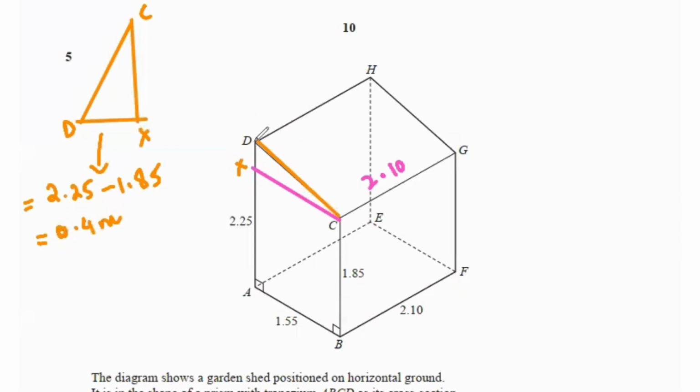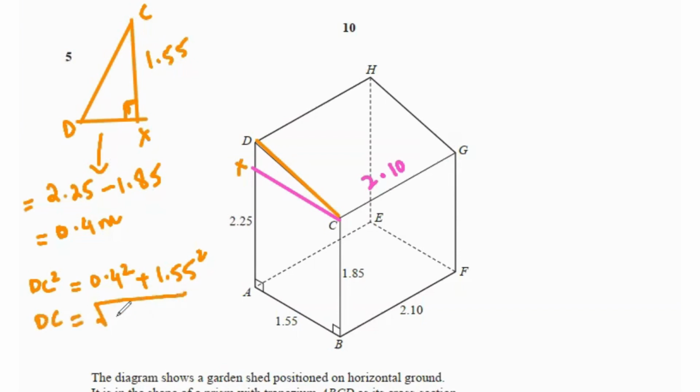So now 0.4 meters is DX. We know what CX is, which is going to be 1.55. So since it's a right angle triangle over here, we can find DC using Pythagoras. DC squared is going to equal 0.4 squared plus 1.55 squared, which is going to give us the square root of 2.5625, and that equals 1.6.